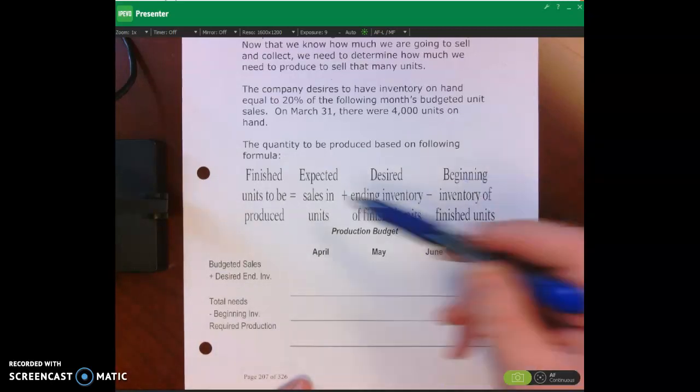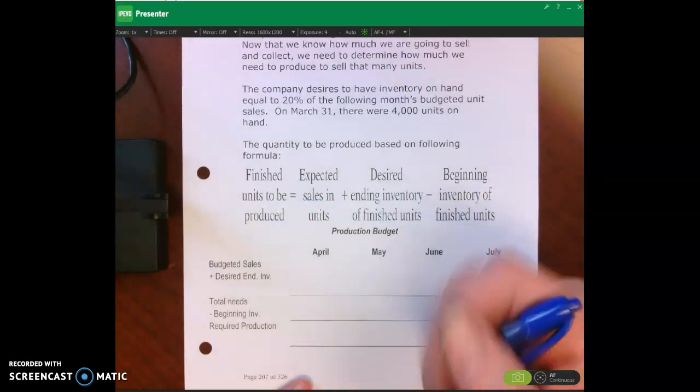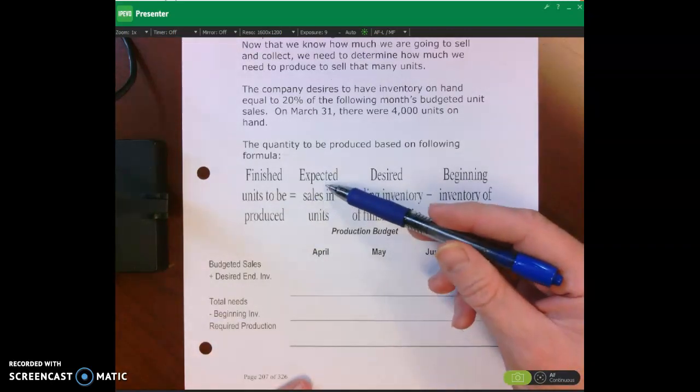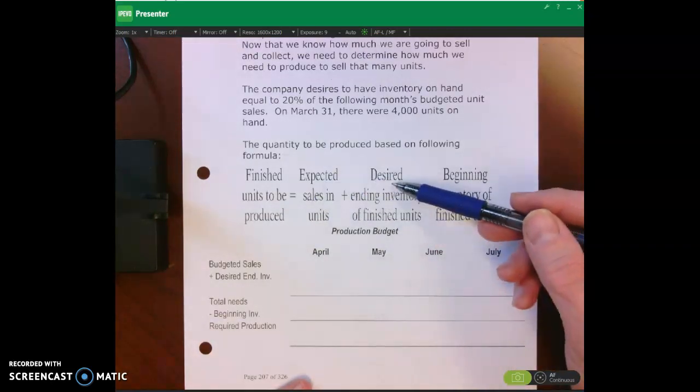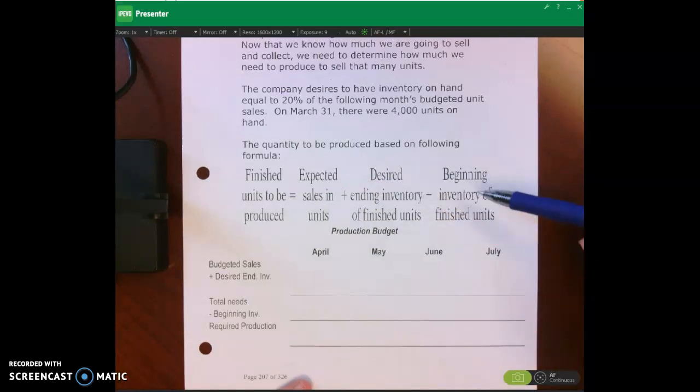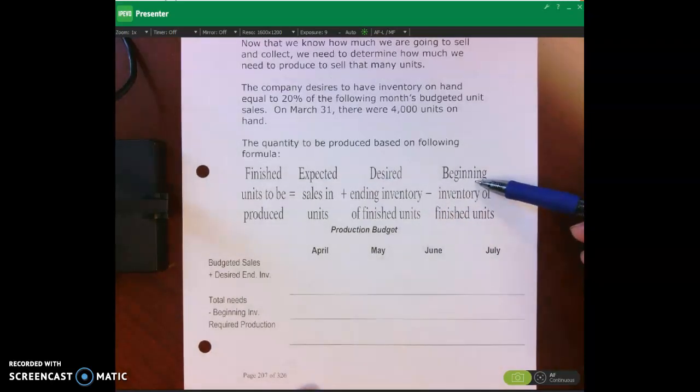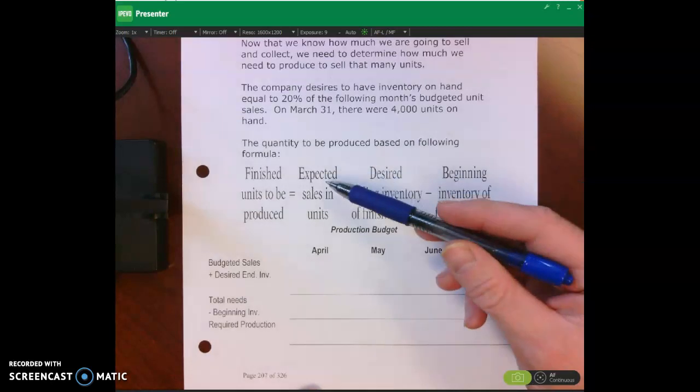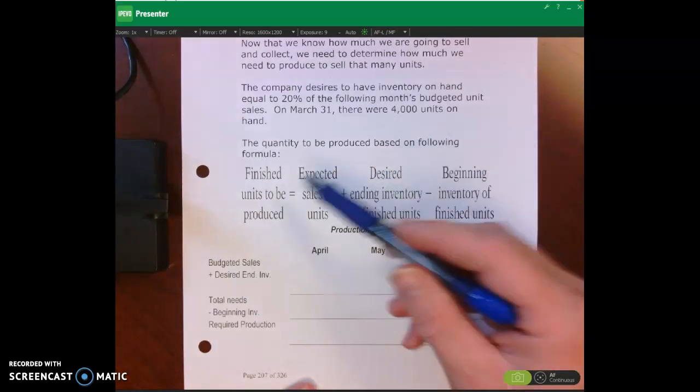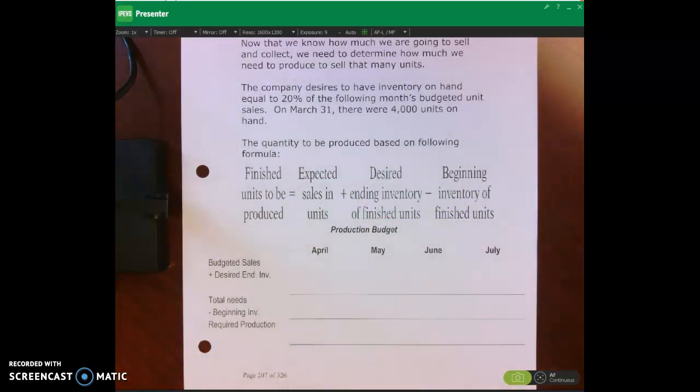That means we need to make 45. So I had 50 that I think I'm going to sell, plus an additional 5 just in case, minus the 10 that I have left over from the previous day. That means 50 plus 5 minus 10. I need to make 45 cups of lemonade.